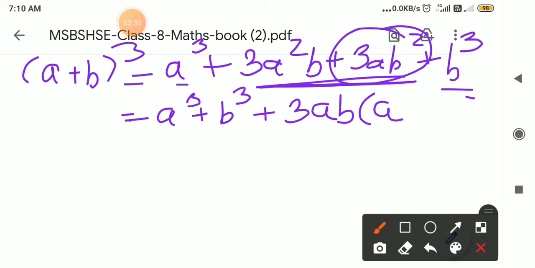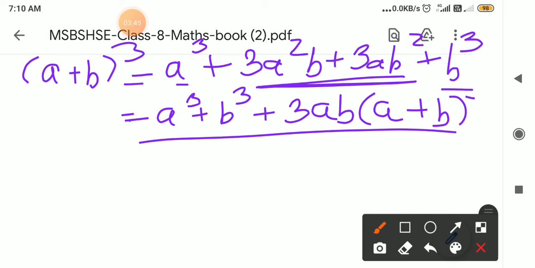And from the second term, 3ab gone outside, so what remains is b, and the plus sign present between 3a square b and 3ab square stays. Understood all of you? So we write a cube and b cube as the first terms, and take out the common 3ab, so what remains is 3ab into bracket a plus b.